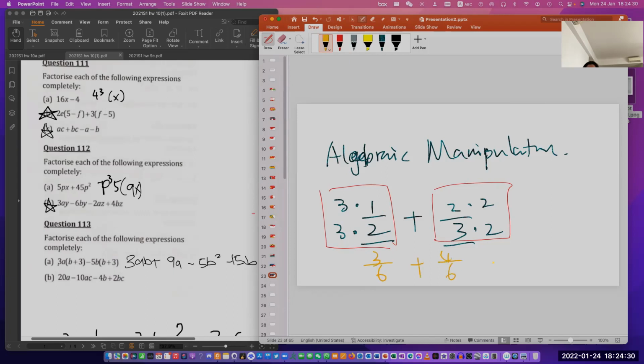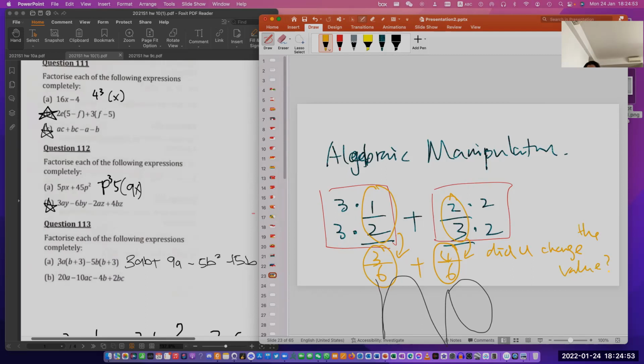But you try to ask yourself a question. Compare your half to 3/6. Compare your 2/3 to 4/6. Did you change the value or not? No, right?